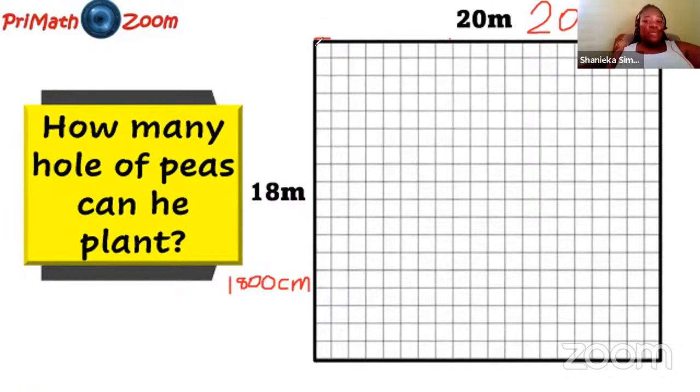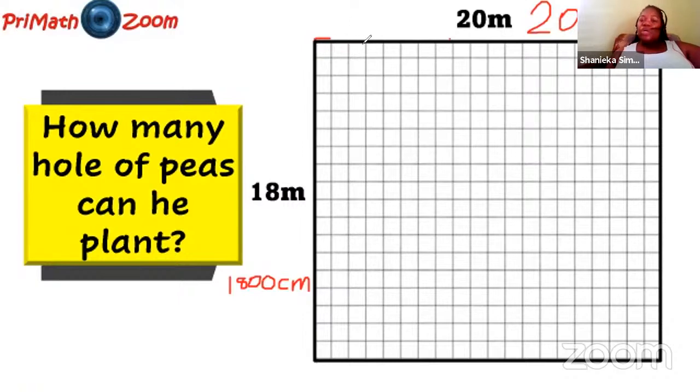Can you tell me what the length of one of these square units would be? Because if it was 1 meter all along, what would it now be? 100 centimeters. So that means this right here will be 100 centimeters. Right here would also be 100 centimeters.